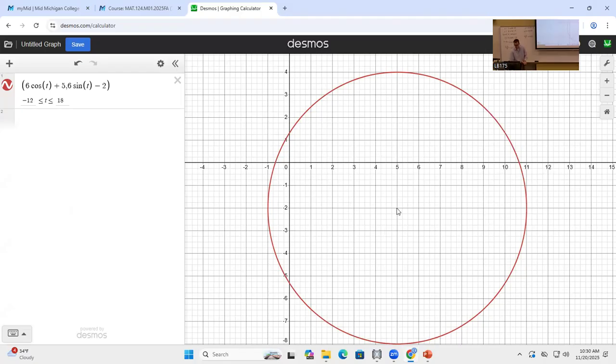Five, -2, and then if you count the distance to the edge, 1, 2, 3, 4, 5, 6, all those units. So that's it. That's a parametric version of a circle.